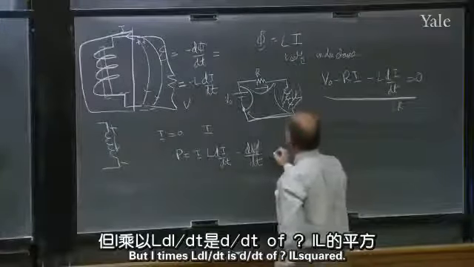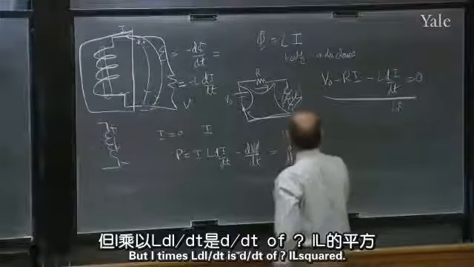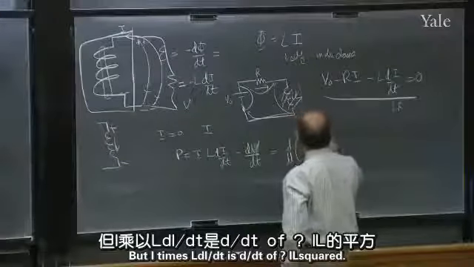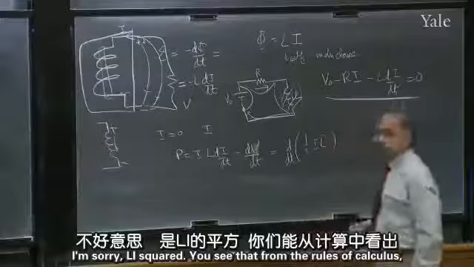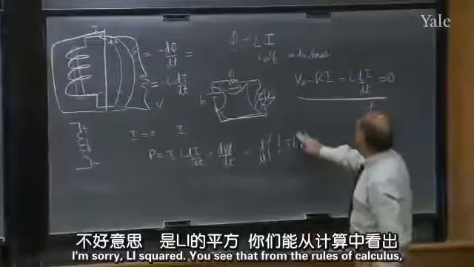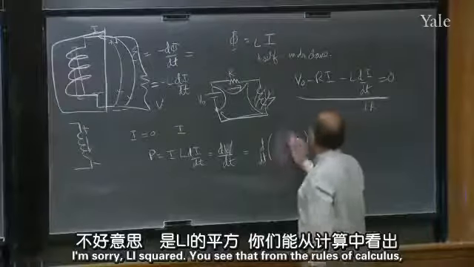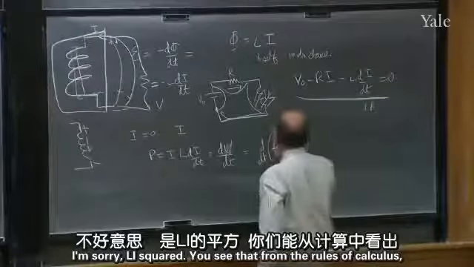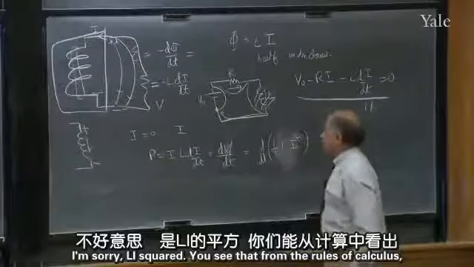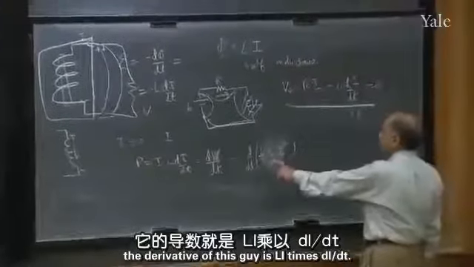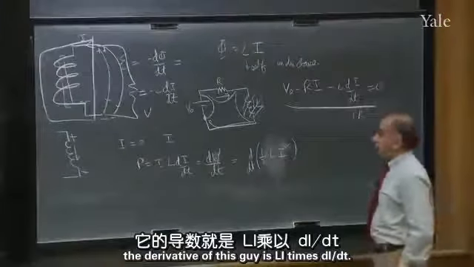But I times L di/dt is d/dt of 1/2 L I squared. You see that from the rules of calculus, the derivative of this guy is L I times di/dt.